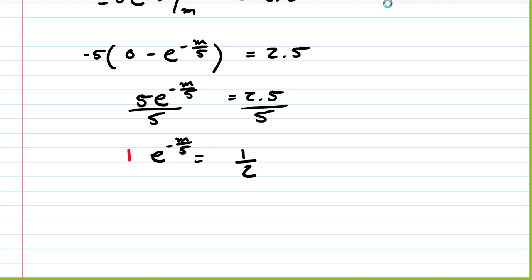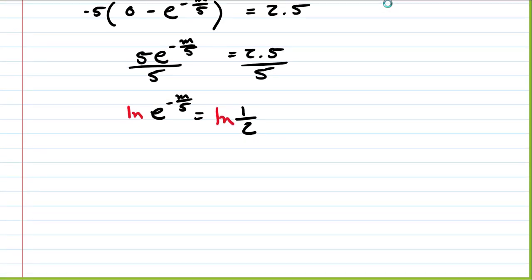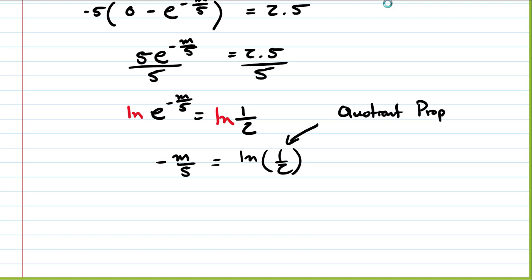Solving for m, we take our natural logarithm of both sides. And that gives us negative m over 5 is equal to the natural logarithm of 1/2. And by log properties, our quotient property, the natural log of 1/2 is the same as the natural log of 1 minus the natural log of 2.